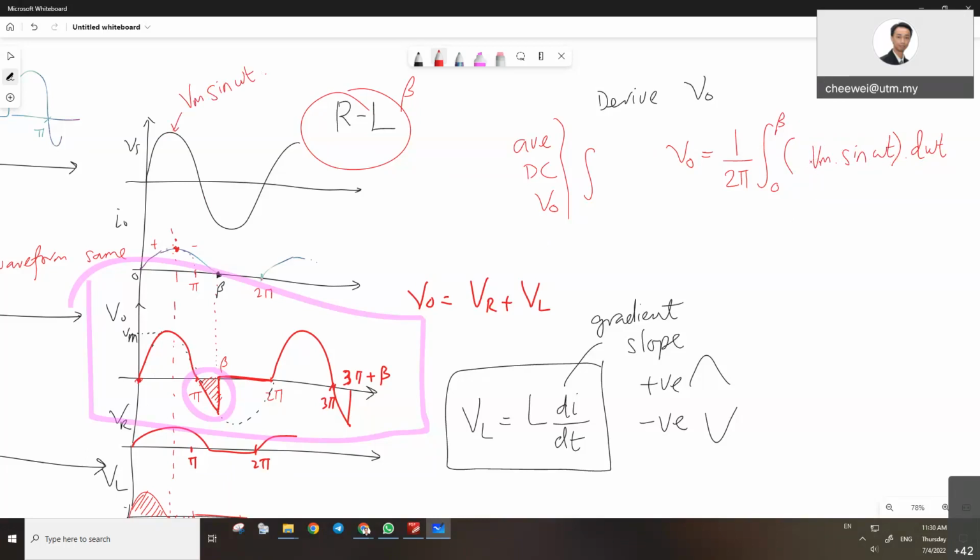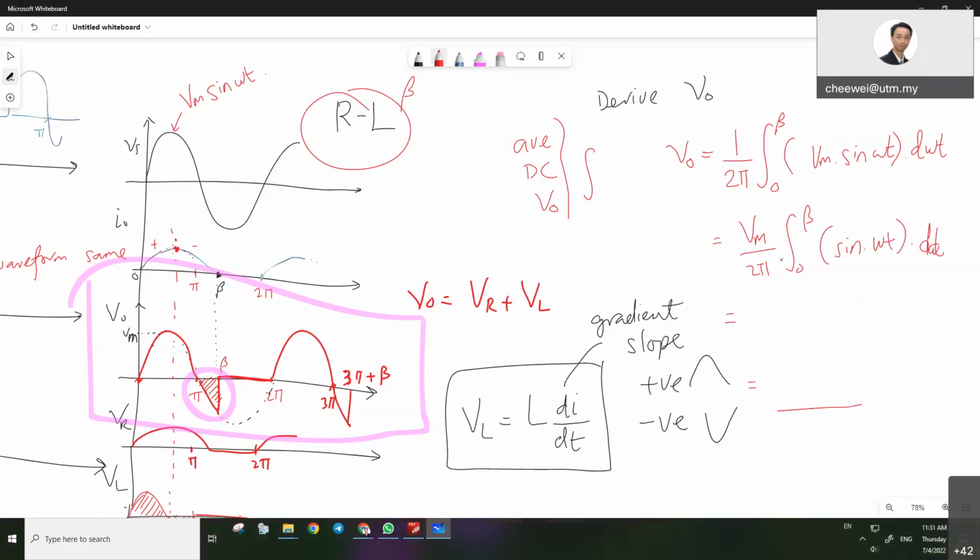Vm is a constant, so Vm can be brought outside, Vm over 2 pi. So what you have inside is only sine omega t, and you can integrate it. Okay, from there, you can proceed until you get the value.